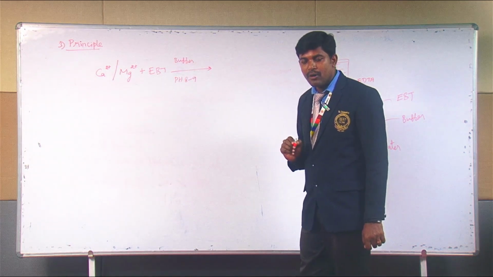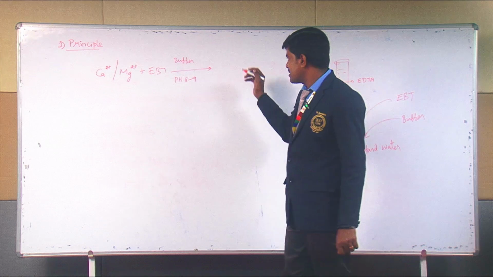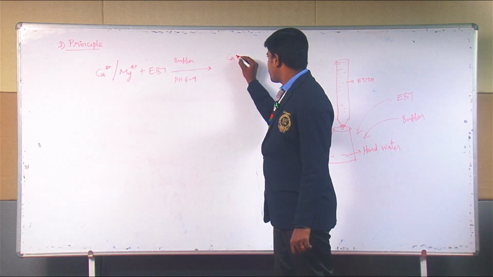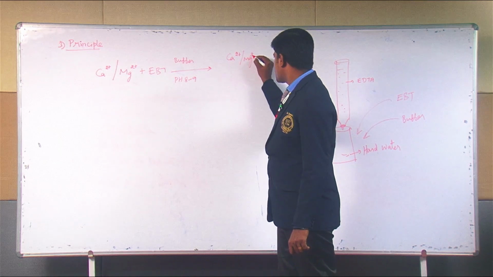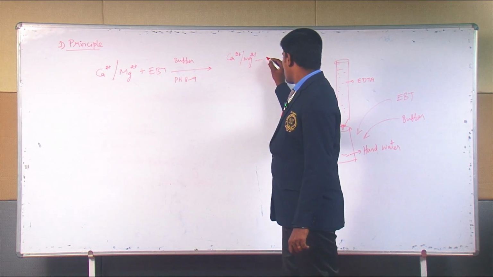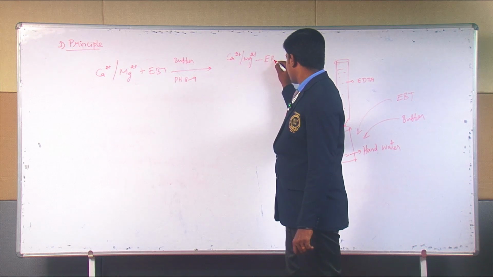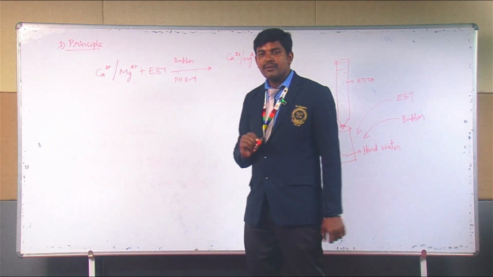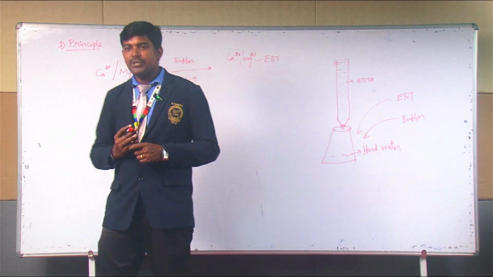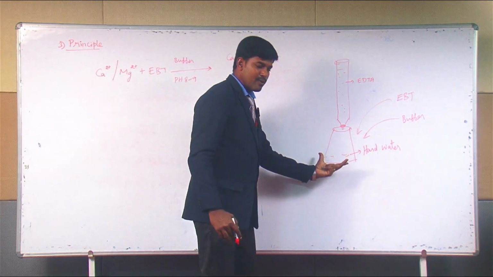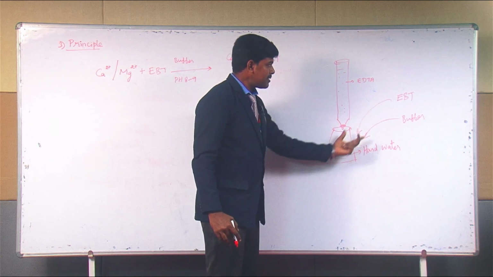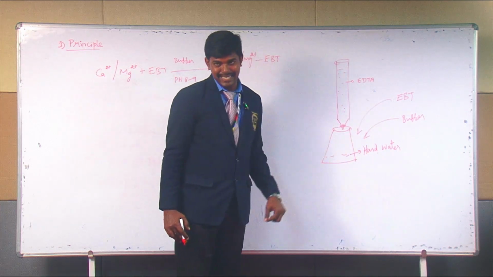Now, it will form an unstable complex. It may form a calcium 2+ or magnesium 2+ complex with EBT. So, we take the conical flask, add the hard water, and then add the indicator.